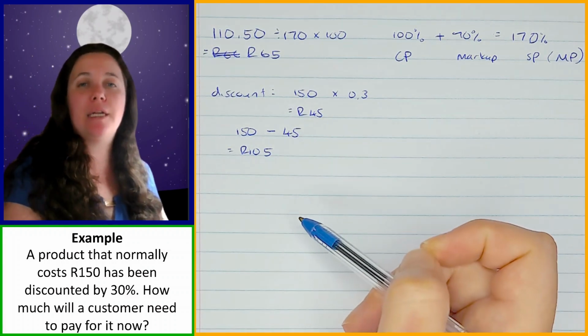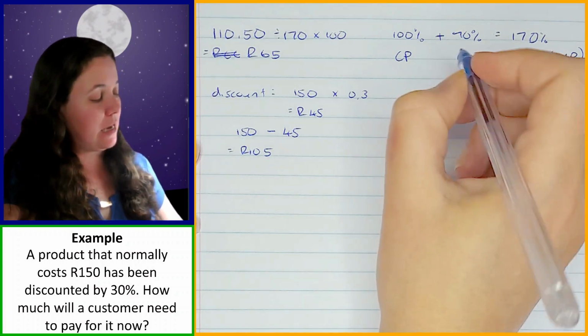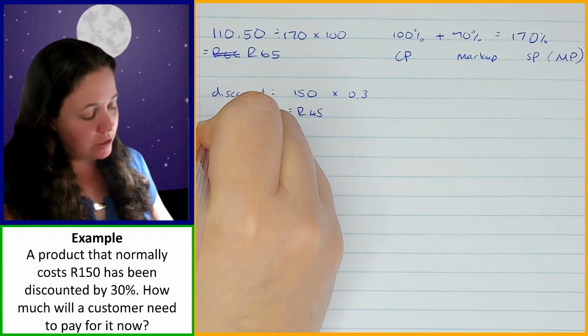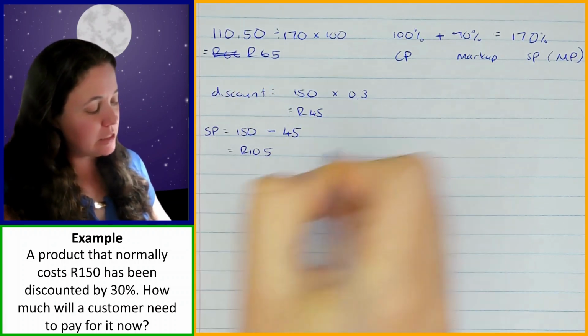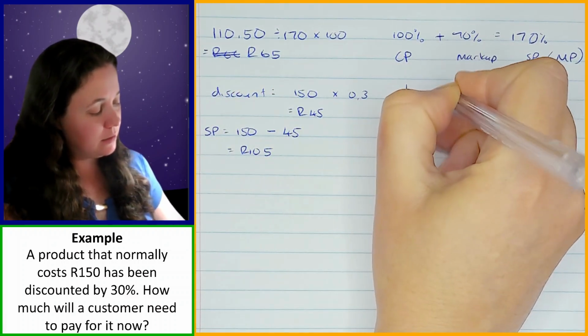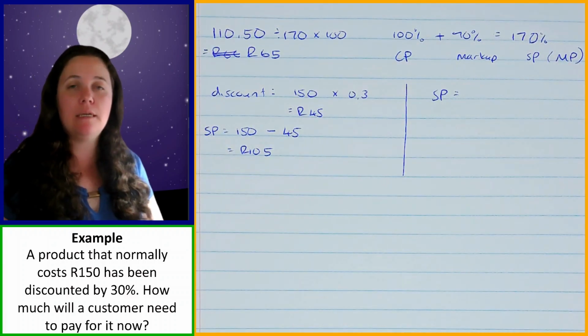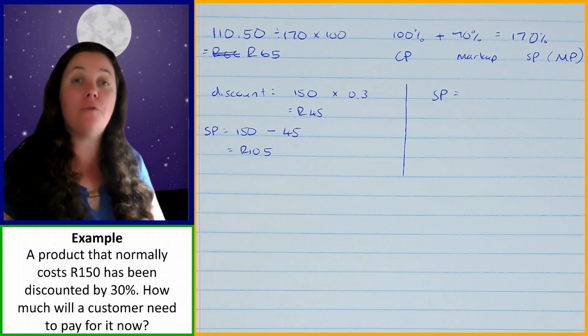The other way of doing it is to go straight there by saying, I'm going to work out the selling price. So this is the selling price over here. I'm going to work out the selling price by saying, well, if they are saving 30%, then how much are they going to be paying of the total amount?